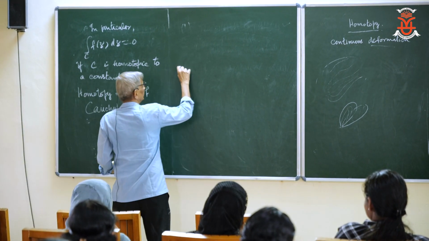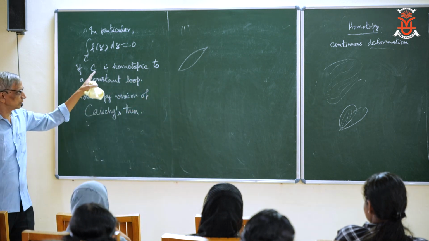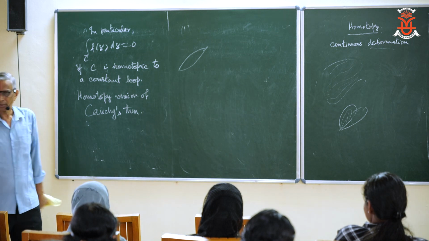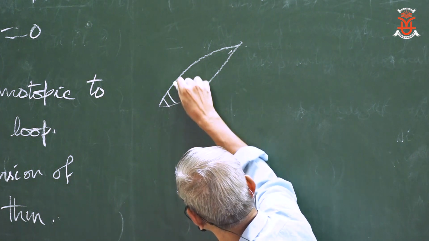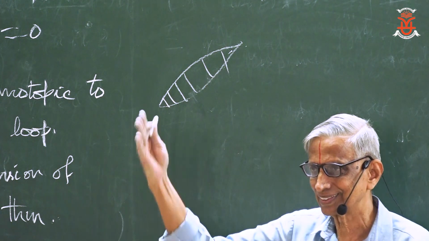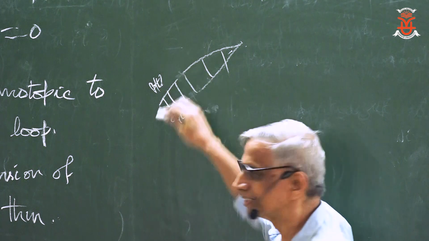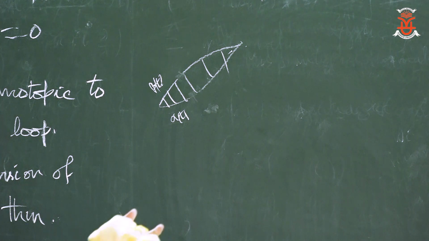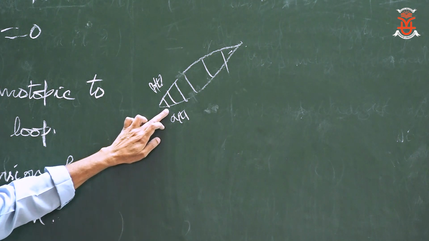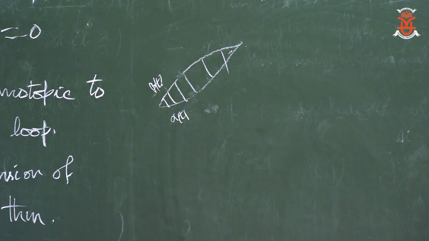If you have two paths like this, both of them can be loops, that doesn't matter. So how do you go from one to the other? Just join the corresponding points by straight line segments, right? So one is alpha t, another is beta t. Look at the line segment joining alpha t and beta t. That gives the homotopy. So you can deform, just push this point along this line segment to the other point for each of them, right?